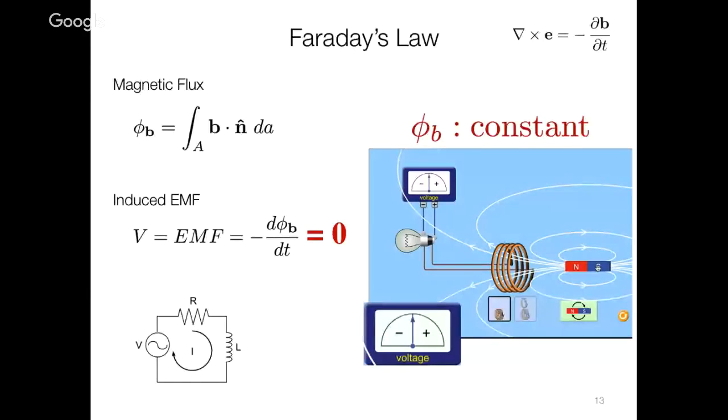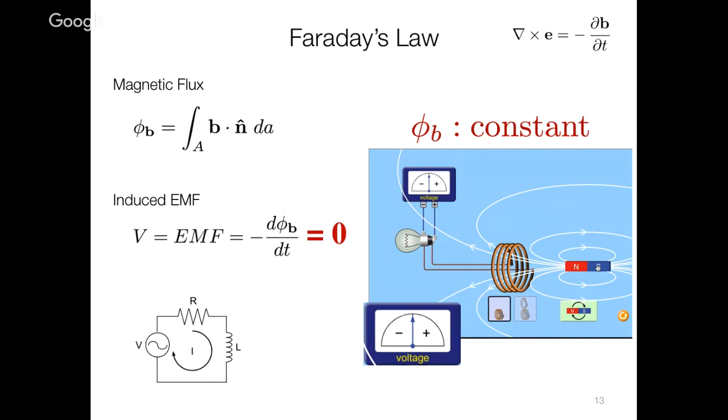Inside this loop, I mean, it's a circuit, there's going to be a voltage or an EMF that's induced, governed by this equation. Voltage is minus d phi dt. In the initial state, there is flux, but nothing is changing. That is equal to 0, so there's no current that's going to be flowing.